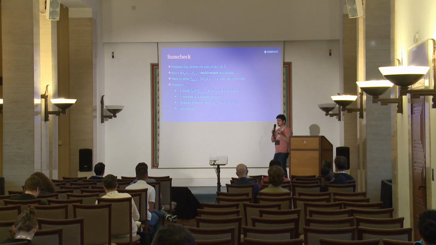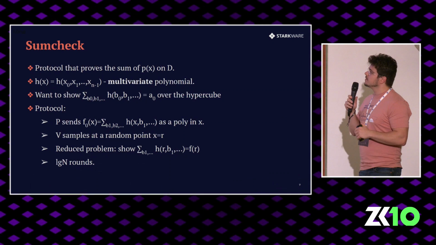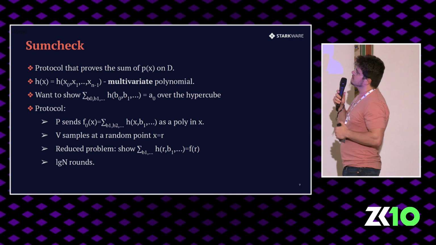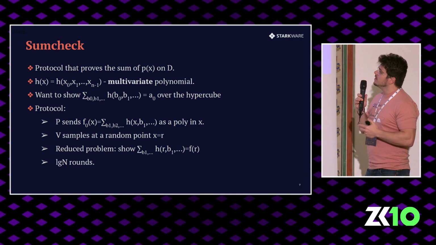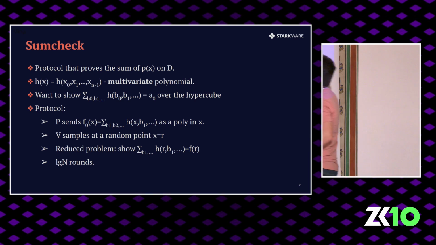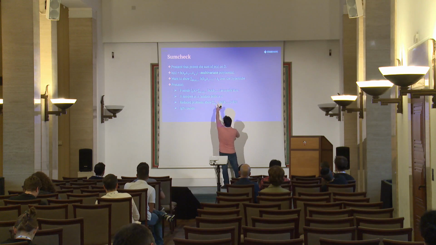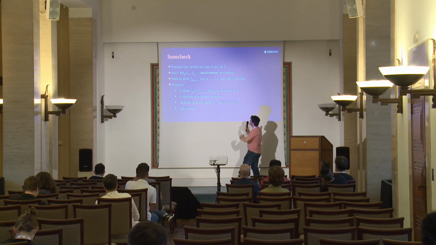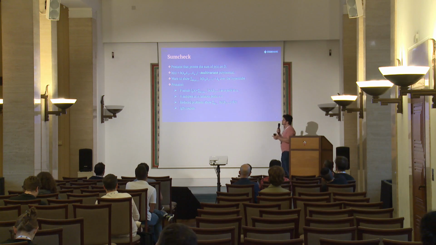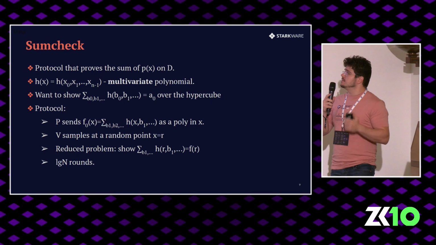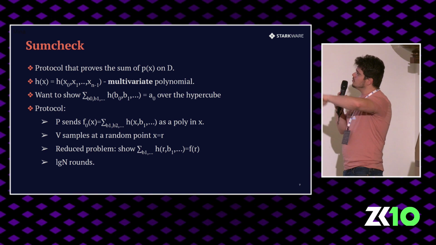Now that the prover sent this f0, the verifier needs to do two things to make sure that everything is correct. One, instead of x, he can substitute 0 and 1 and compute that he indeed gets a0 for the sum. Because if you put f0 at 0 and f0 at 1 and you sum, you get the sum over the hypercube. So f0 needs to be consistent with a0. The other thing you need to see is that f0 is indeed, as the prover claims, this sum over h.